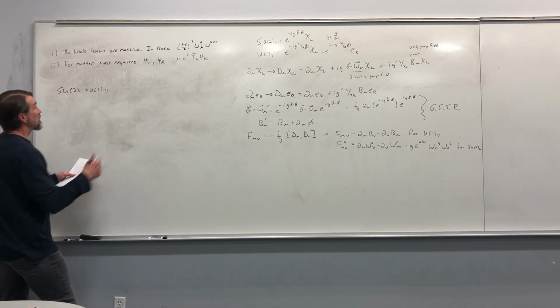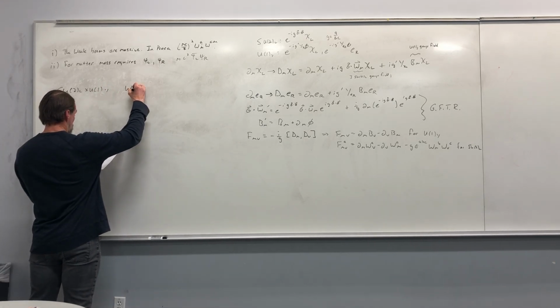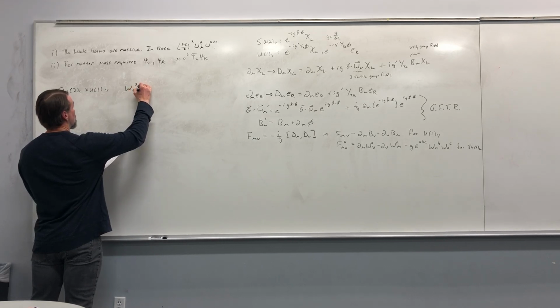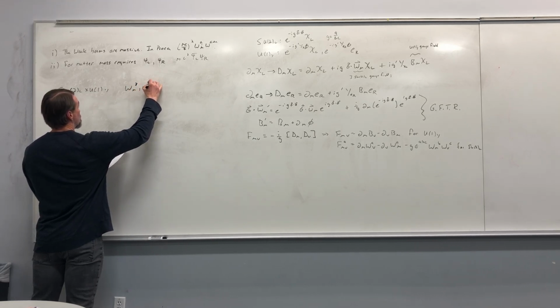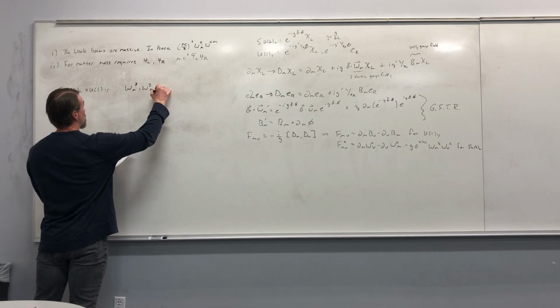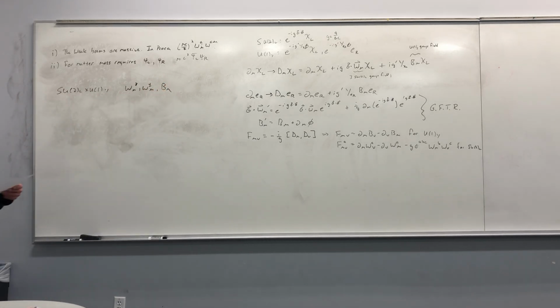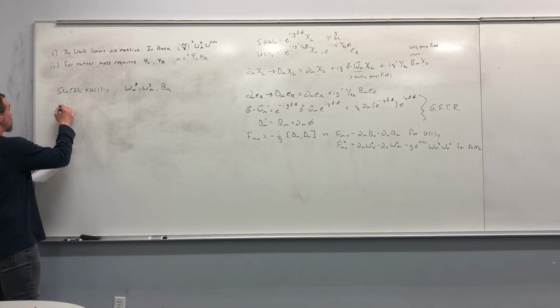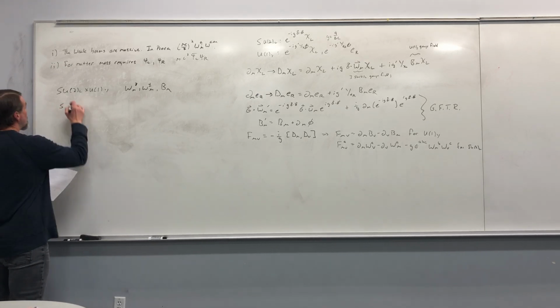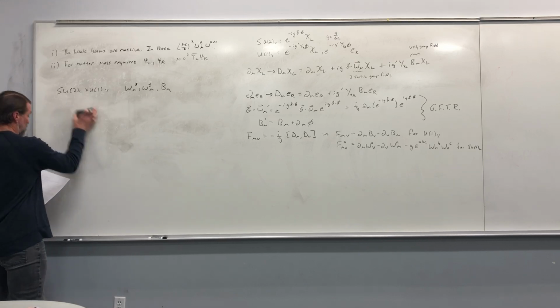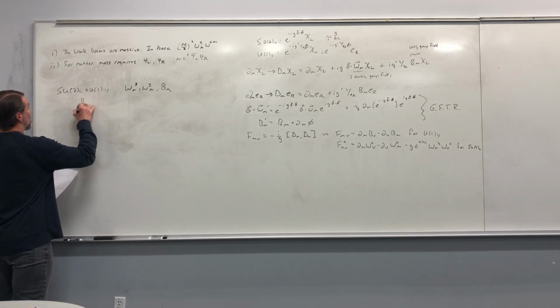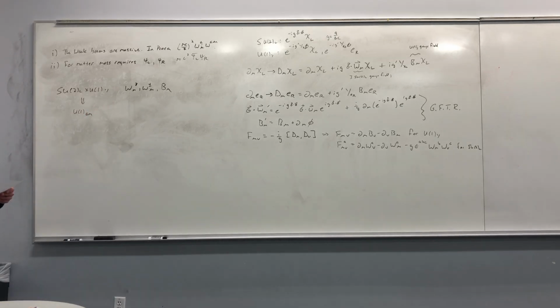This thing has 4 generators, obviously. It's got the W mu 3, W plus minus mu, and then we have the B mu for the U1 hypercharge. And what we're going to do is take this SU2 left and break it down to the U1 of electromagnetism.